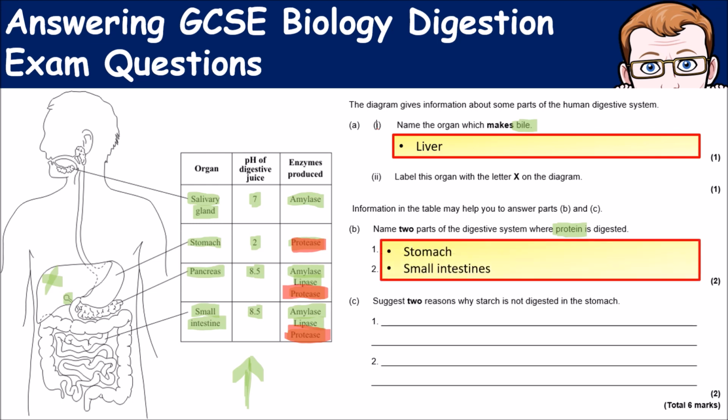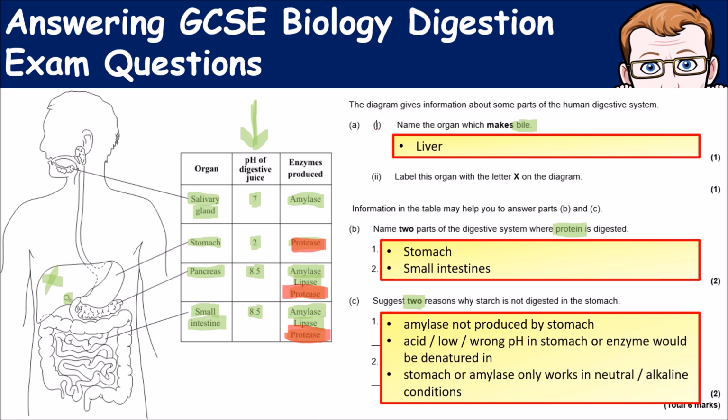Finally, it says suggest two reasons why starch is not digested in the stomach. This is all about the pHs in different parts. The key reasons are that amylase is not produced in the stomach, and we need amylase to break down starch.